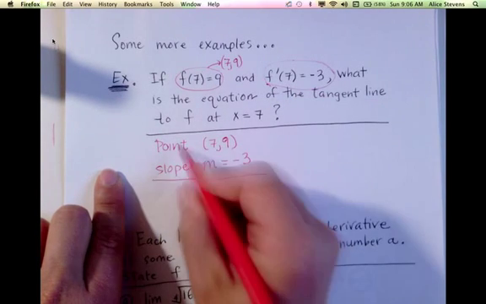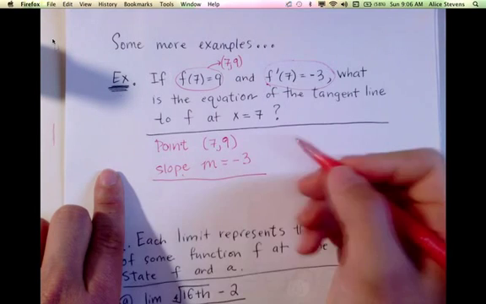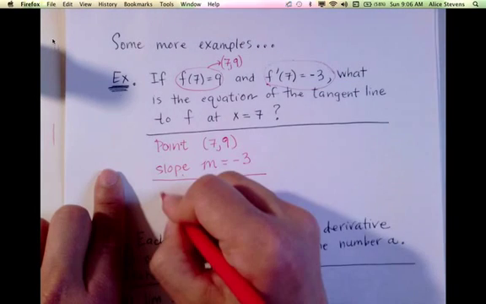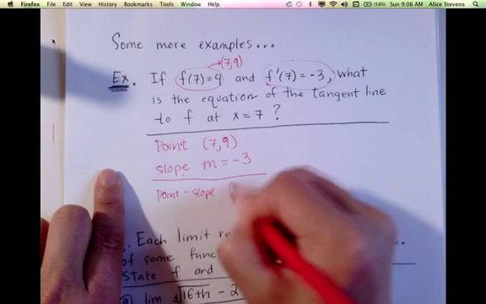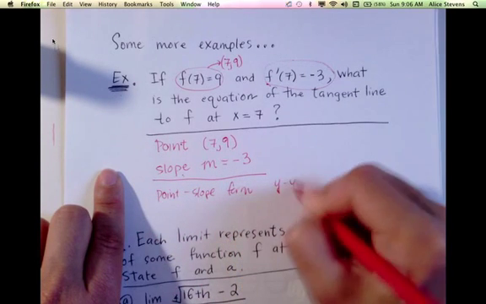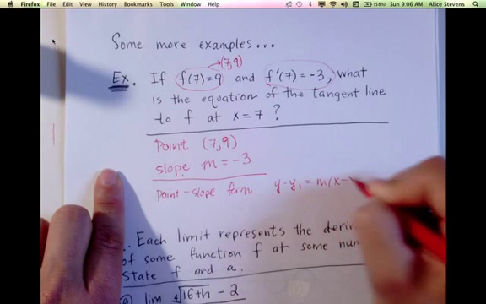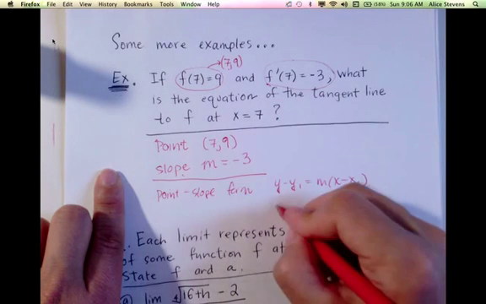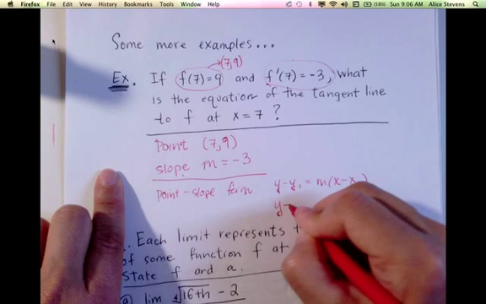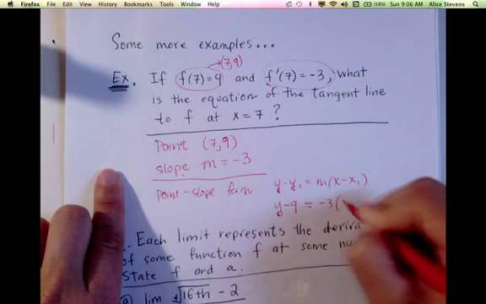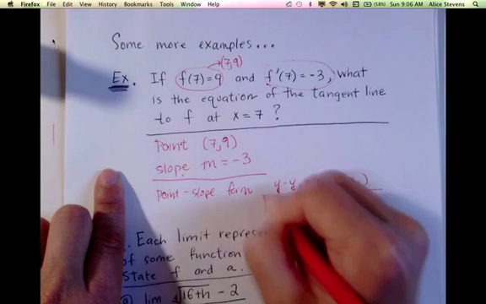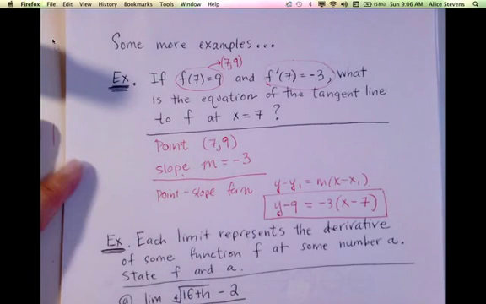Now I have a point and a slope for the tangent line, so I can use point-slope form once again. The equation I get is y minus 9 is equal to negative 3 times (x minus 7), and this is the equation for my tangent line.